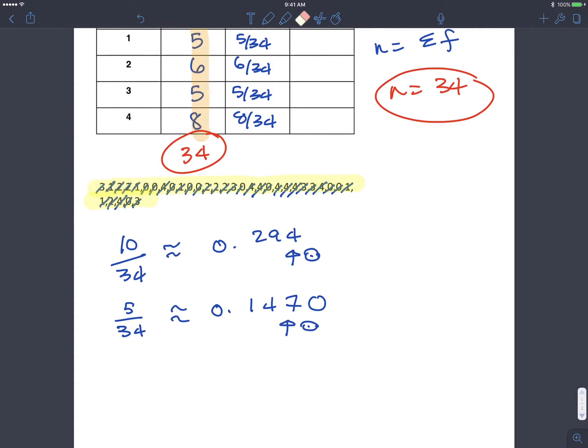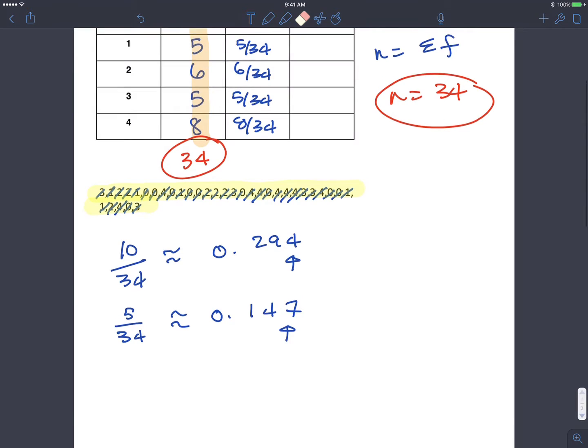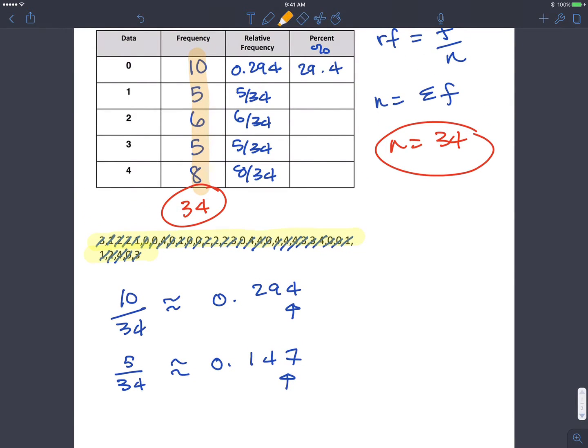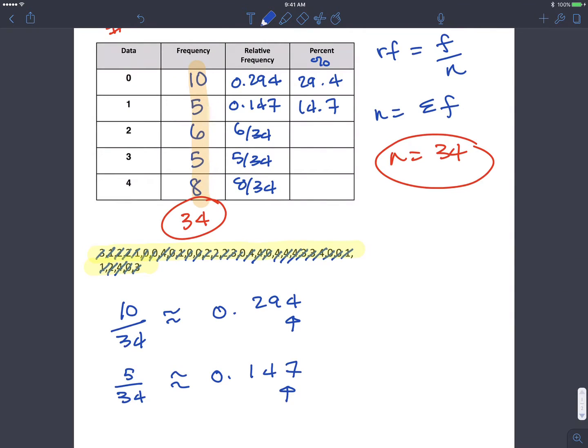Since it's a 0, we forget about it and we don't change the 7. So 5 over 34 as a relative frequency, as a decimal, becomes 0.147, which means 14.7% of the sample drink 1 cup of coffee.